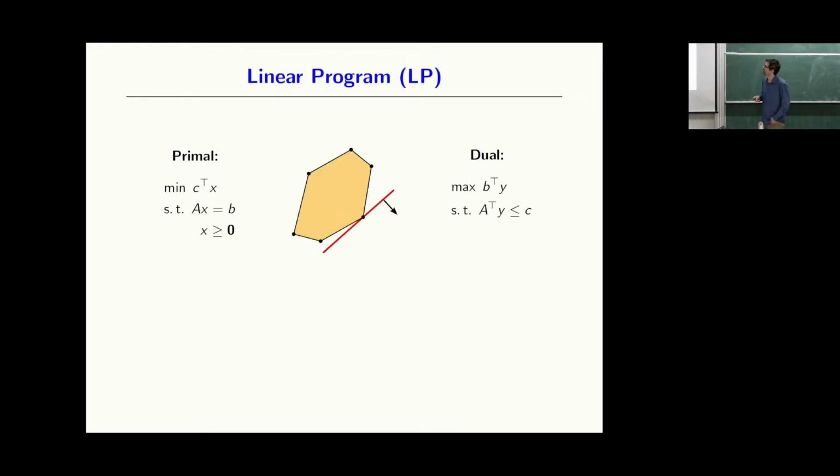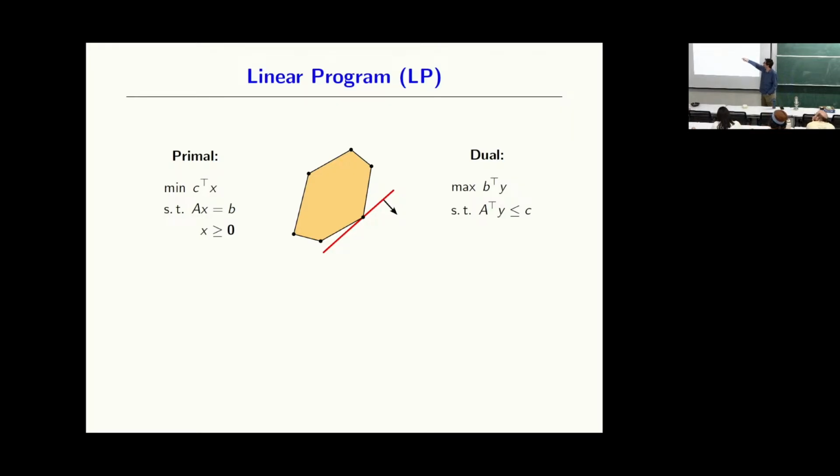Okay, so linear programming in general, we're looking at the problem of solving a linear optimization problem. So you want to minimize some linear function over something that's defined by some equations and linear inequalities. And here we have on the left what's called a standard form linear program.